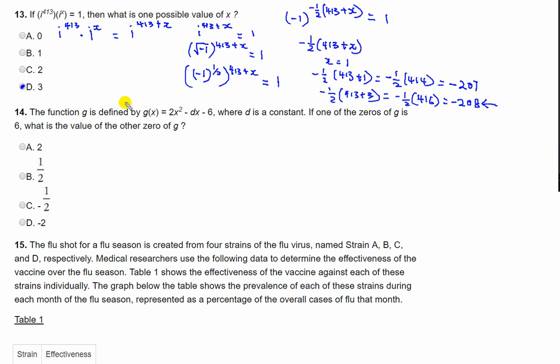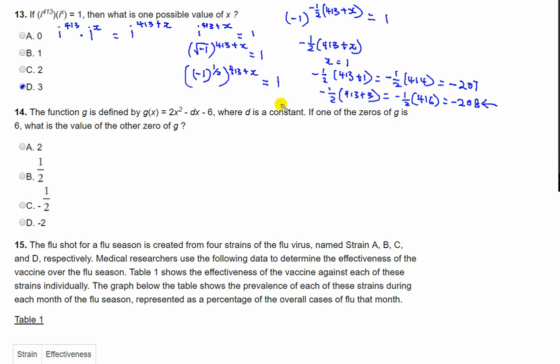Okay, now let's look at this. The function g is defined by g of x equal to this, where d is a constant. If one of the zeros of g is 6, what is the value of the other zero?